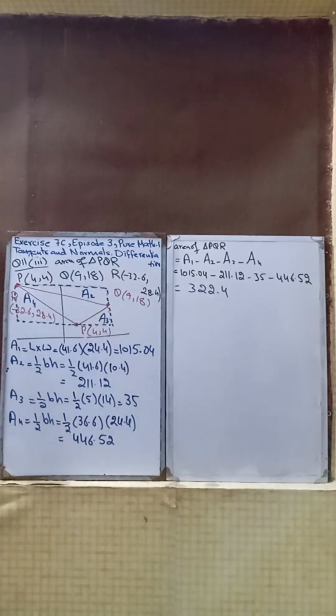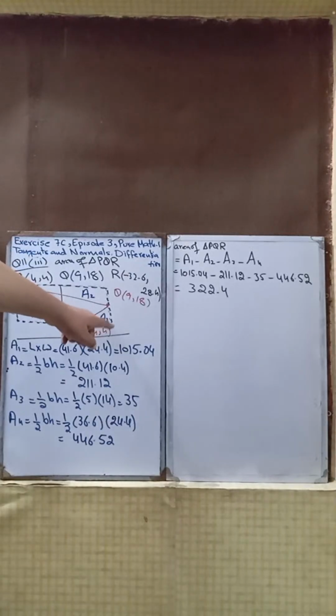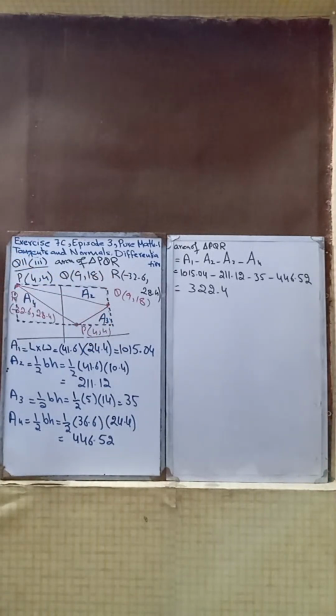Okay, so we first of all found the whole length: 9 minus minus 32.6, so 9 plus 32.6, which is 41.6. That answer is right. And from this y, which is 4, to this y, which is 28.4, 28.4 minus 4 is 24.4.